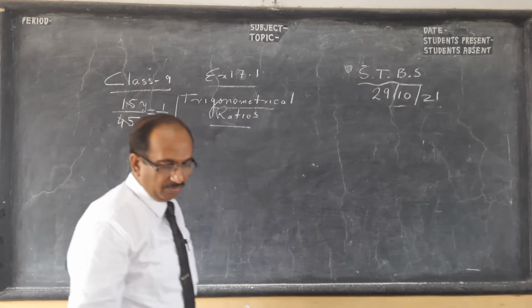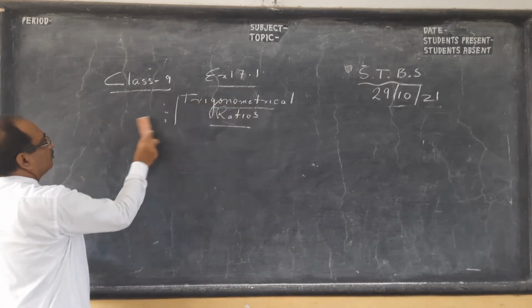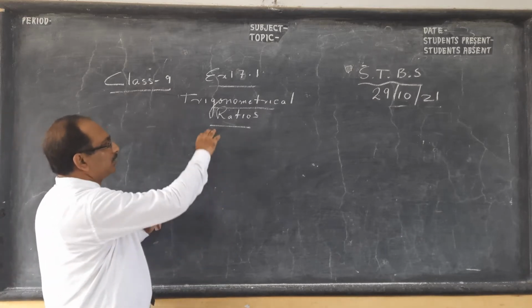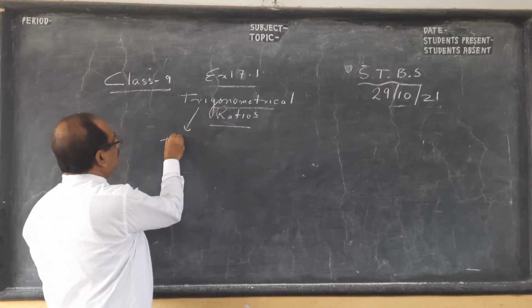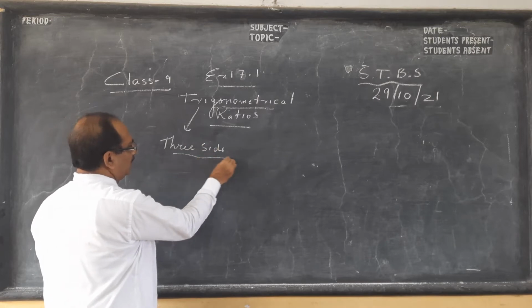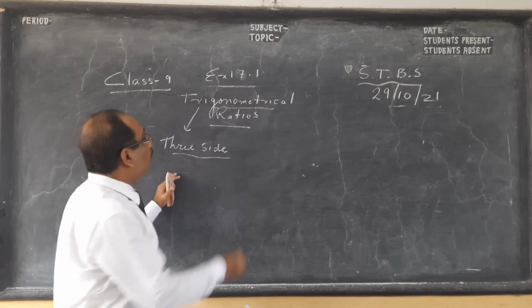So trigonometry, we will see. Actually, trigonometry, if I remember correctly, comes from three words. If you see trigonometry, this is trigonometrical, I am talking about trigonometry. Tri means three. This is from my memory I am telling you. Tri means three, gon means side.